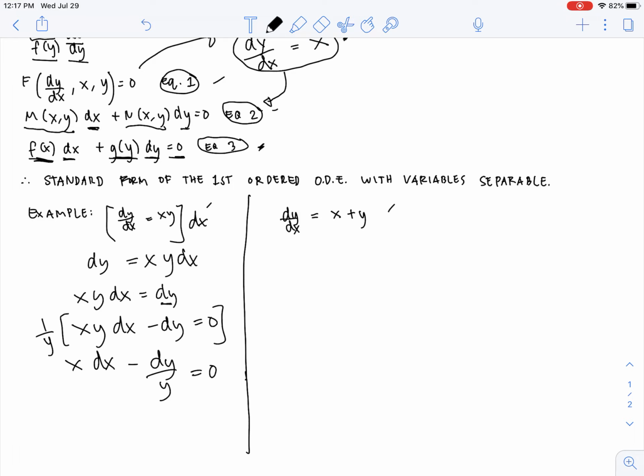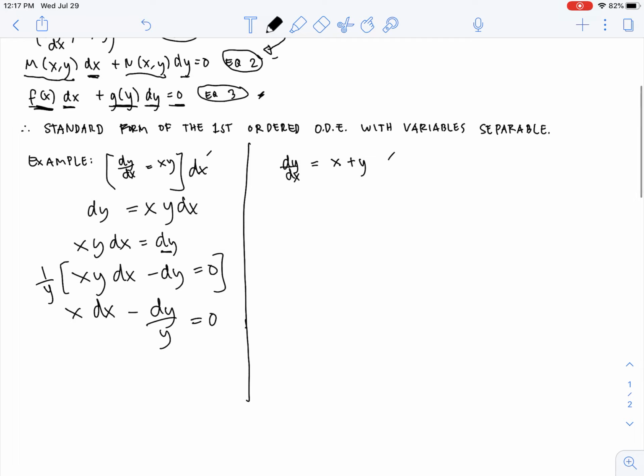Okay? Since the variables are now paired with their corresponding differentials, dx and dy, we can now solve this using integrals. We integrate all the terms in the equation. So we can conclude that this is a variable separable type of differential equation.